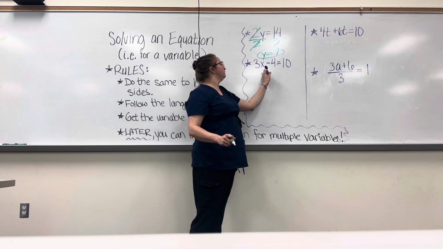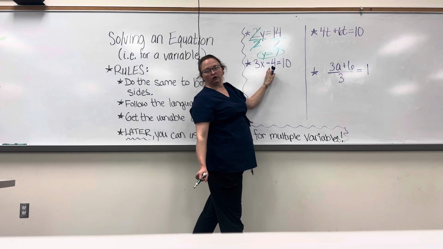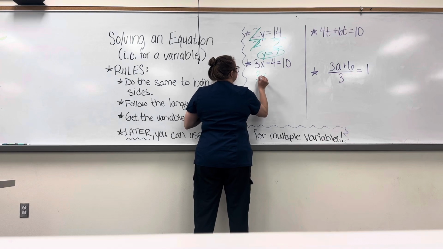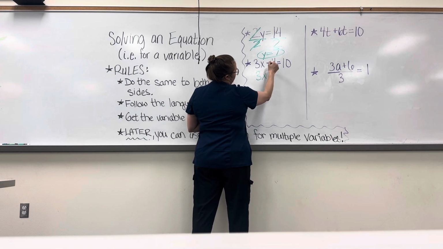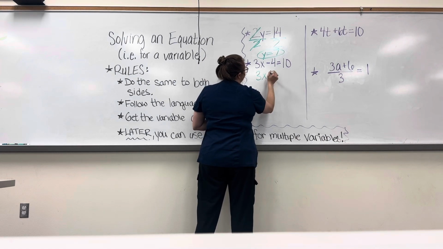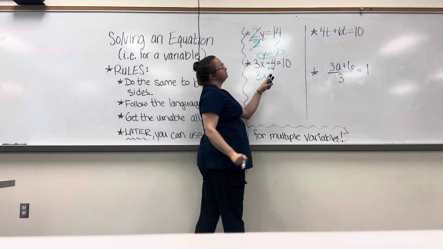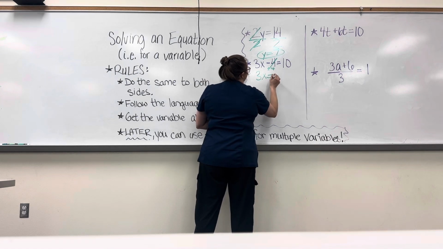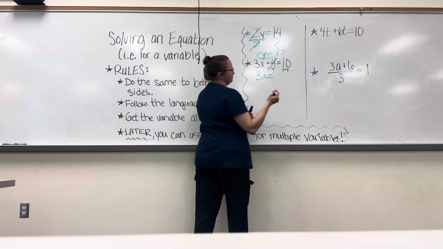Now down here, we're going to first start with subtracting 4, or not subtracting 4, adding 4. So you're going to do the opposite of whatever your operator is. So 3x plus 4 minus 4 plus 4, cancel each other out, equals 10 plus 4, 14.